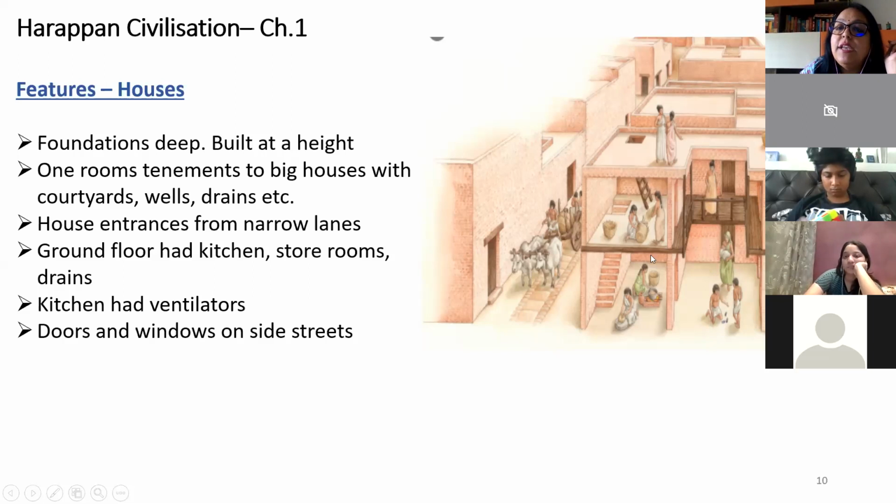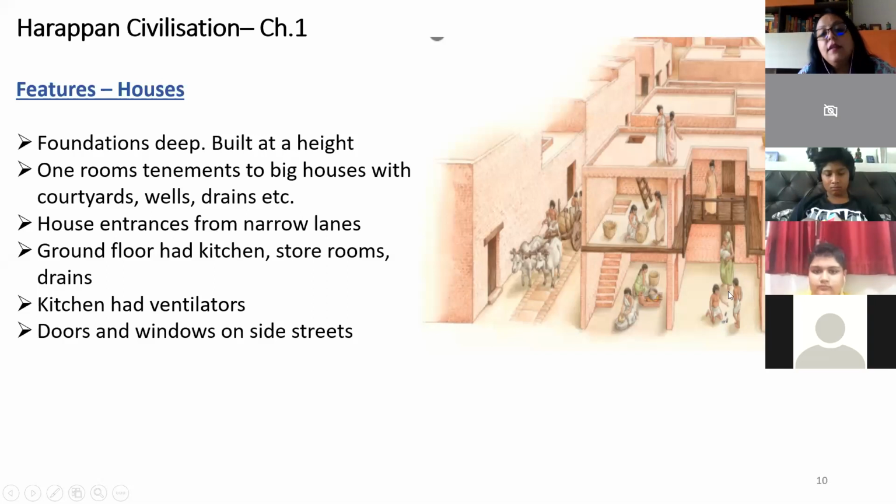And when you take the staircase and you go up, here you find the bedrooms. So bedrooms were located in the upper floor, and in the lower floor, we only find kitchens and storerooms. And then the house will have a backyard behind. And in the backyard, there will be a well, there will be a washroom. Clear?